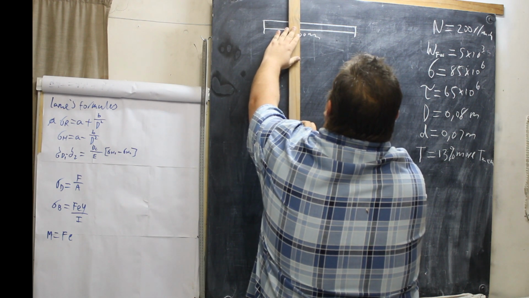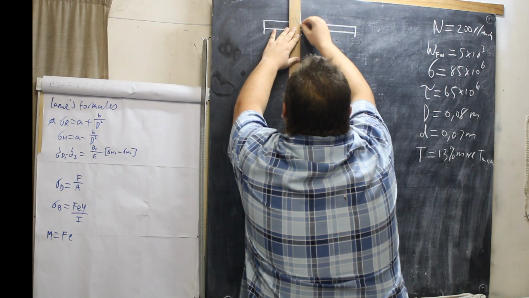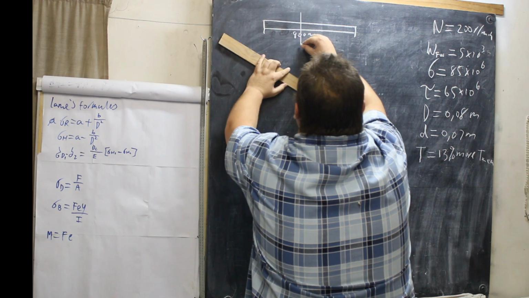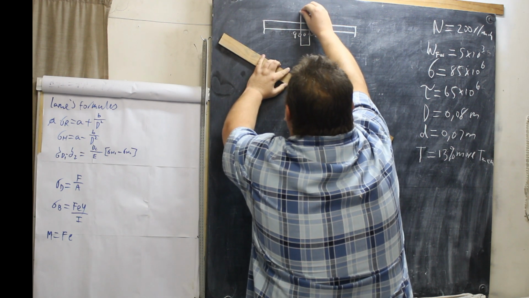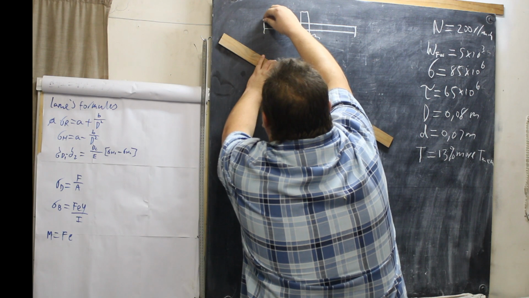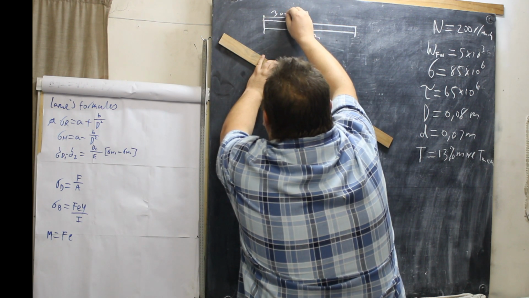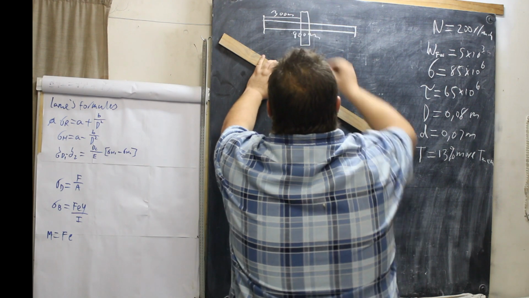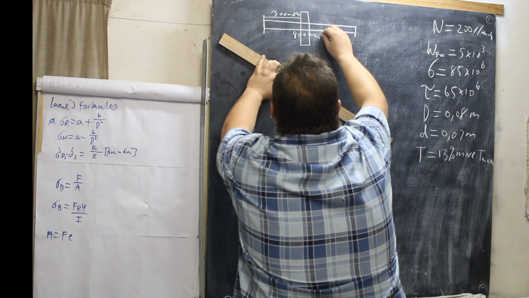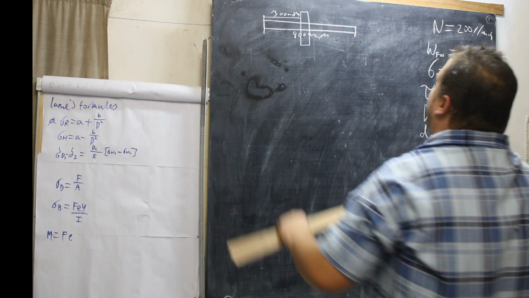Now here's your flywheel, and that is 300 millimeters from your bearing.